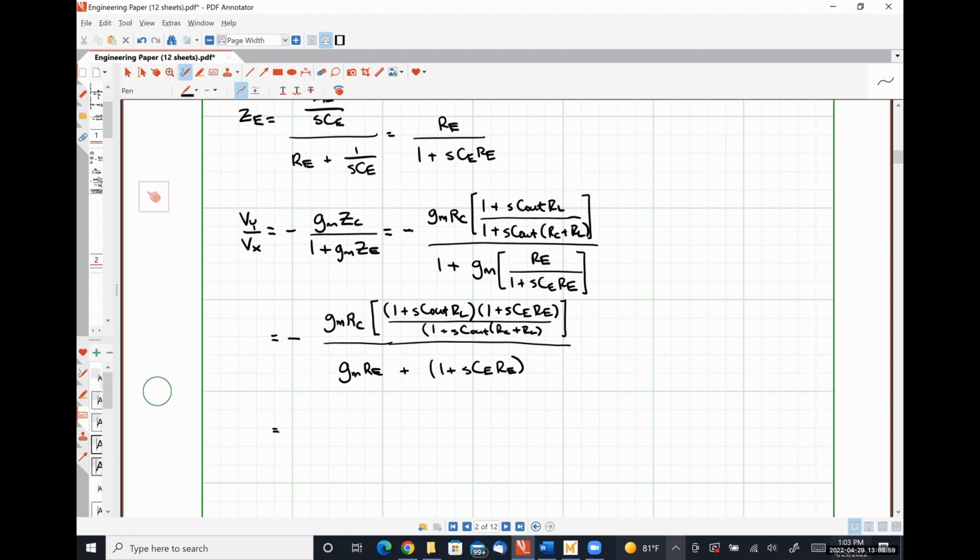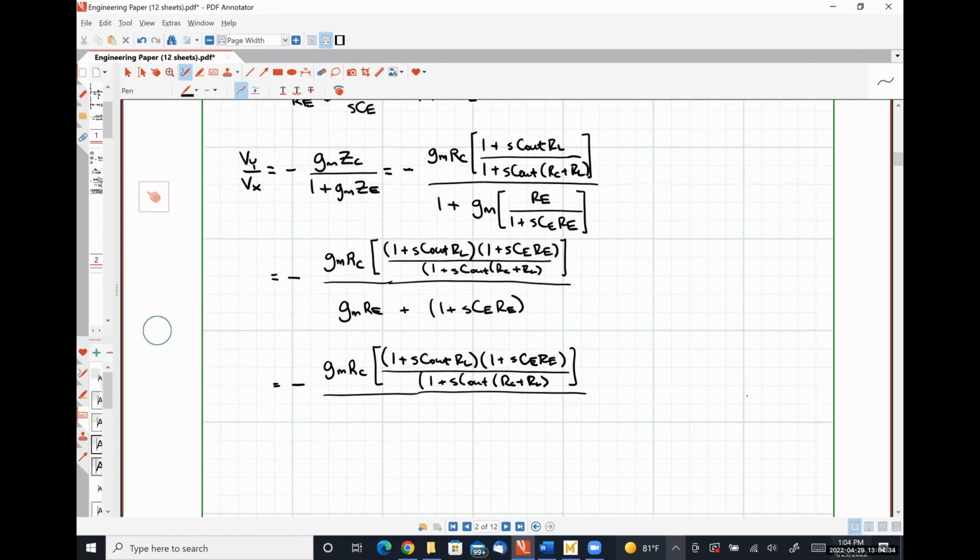What I'm doing here, I'm going to leave my numerator completely alone for now: negative GM RC (1 plus SCout RL)(1 plus SCE RE) over (1 plus SCout (RC plus RL)). And then in the denominator, I have (1 plus GM RE) multiplied by (1 plus SCE RE over (1 plus GM RE)).